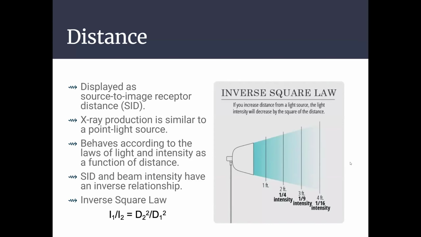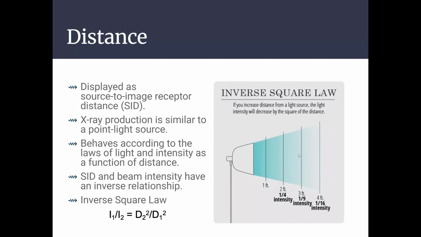So SID and beam intensity have an inverse relationship. It is called the inverse square law. So the further you are, the less intensity there is to the beam. That makes sense, right? The further away your flashlight is to a wall, the less intense the light appears at the wall.